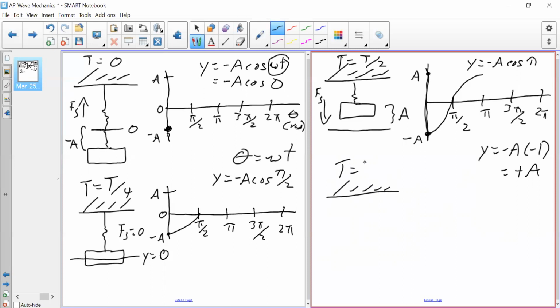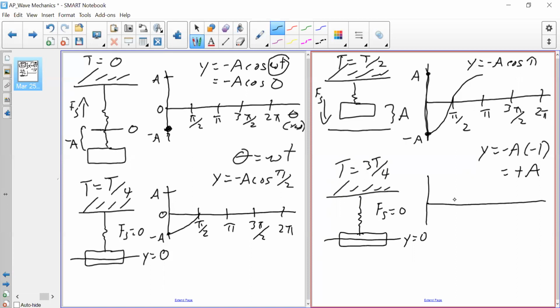And then 3/4 of a period, it comes back down to y equals 0, if you will. And so there's no spring force at this point. And we're going to see that there's maximum speed at this point. We saw that yesterday. But a graph, hold on.